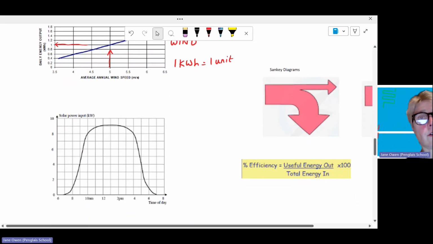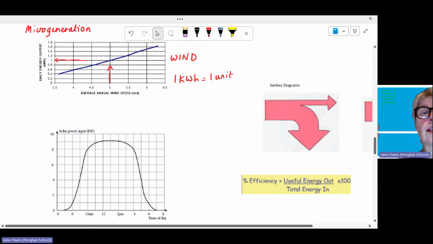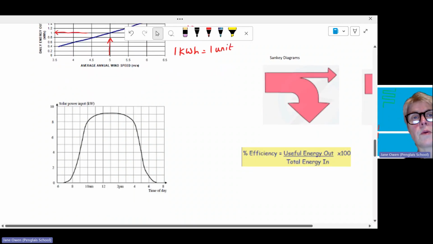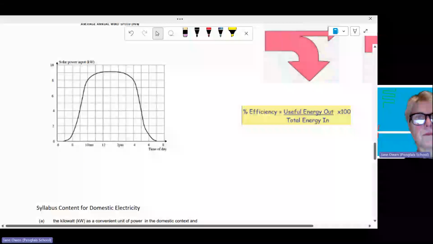It doesn't look like a lot, but clearly, if there's no wind, you're not going to generate any electricity. If there's more wind, you will generate electricity. But after a certain point, when it gets really, really windy, they'll go into shutdown and not produce any electricity at all, otherwise the wind turbine will start taking off.